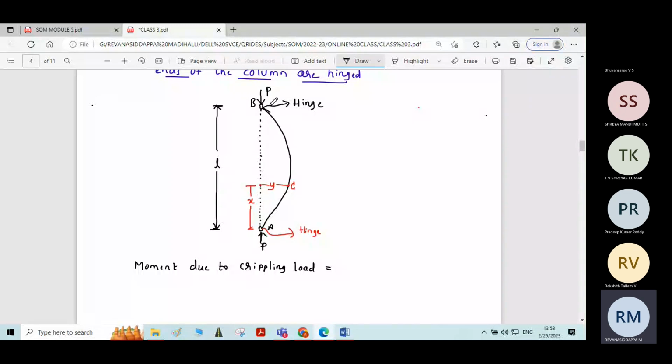P is the crippling load. Crippling load means it is the load at which the column starts buckling, the column will undergo failure. That is called the crippling load. Moment due to this crippling load.